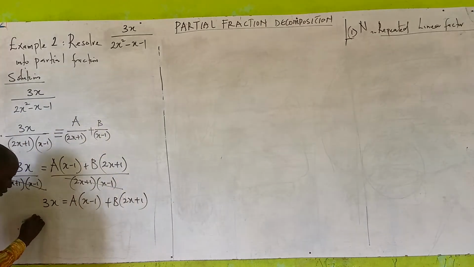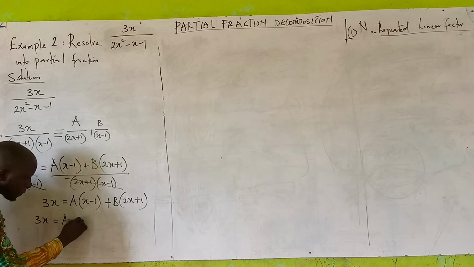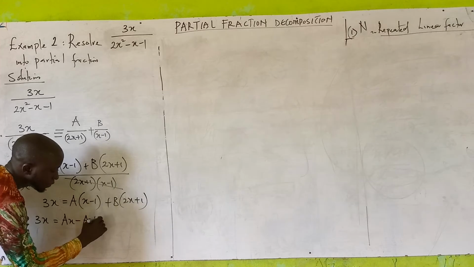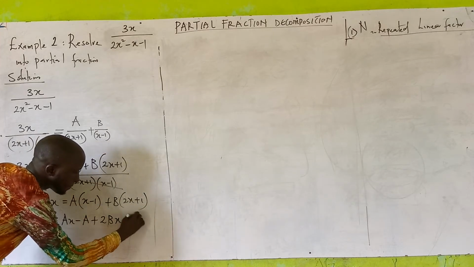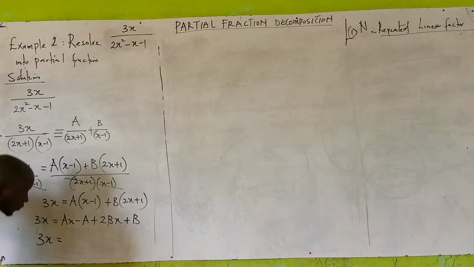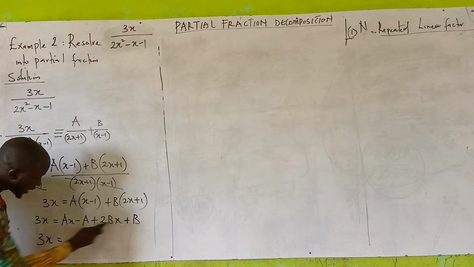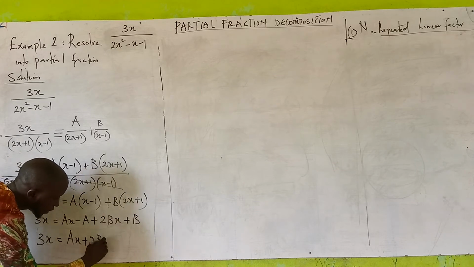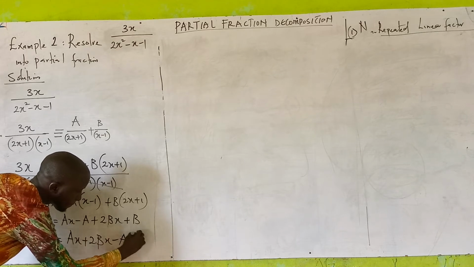It says 3x equals to ax minus a plus 2bx plus b. Now, just with x, we have ax plus 2bx, now minus a plus b.